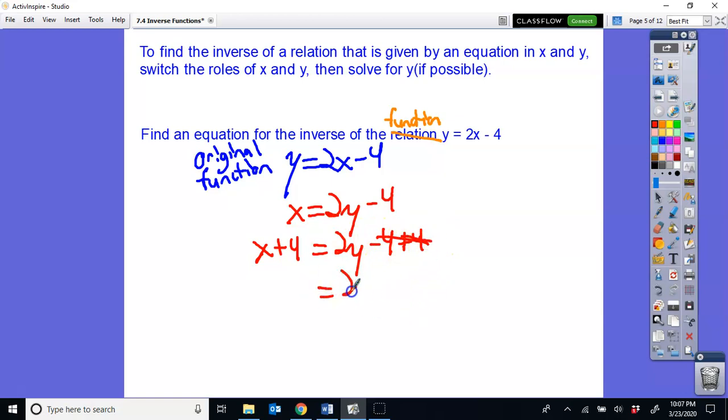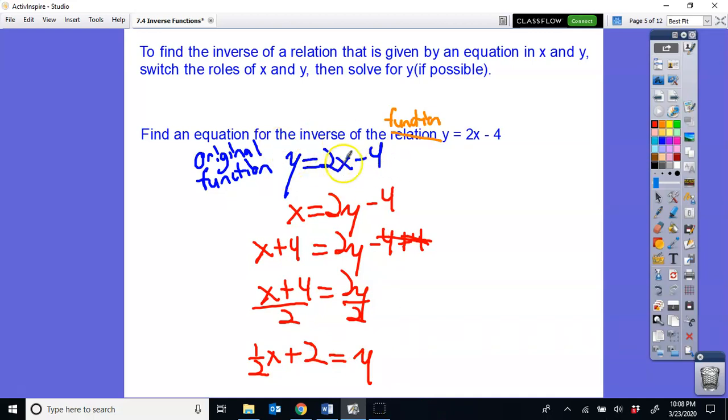That leaves me with 2y equals x plus 4. Then if we want to get rid of the 2 beside the y, we divide by 2. That gives me y equals 1 divided by 2 would be 1/2 x, 4 divided by 2 would be 2. There's my new function.